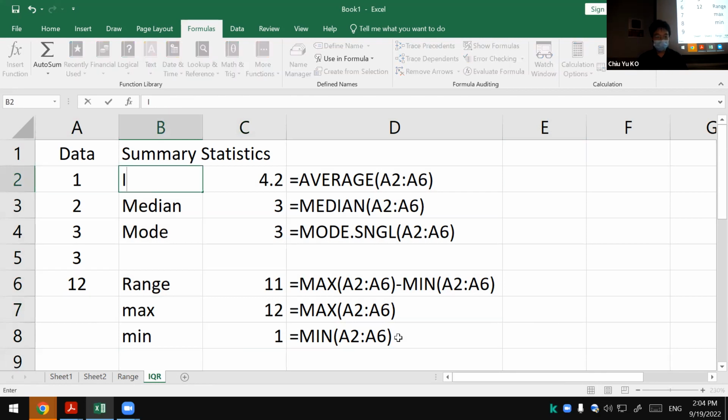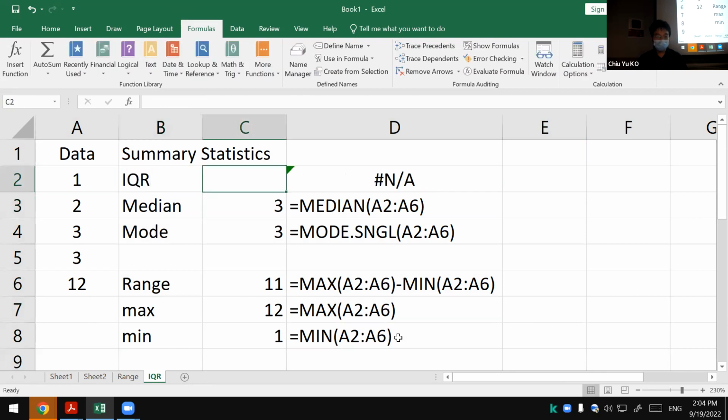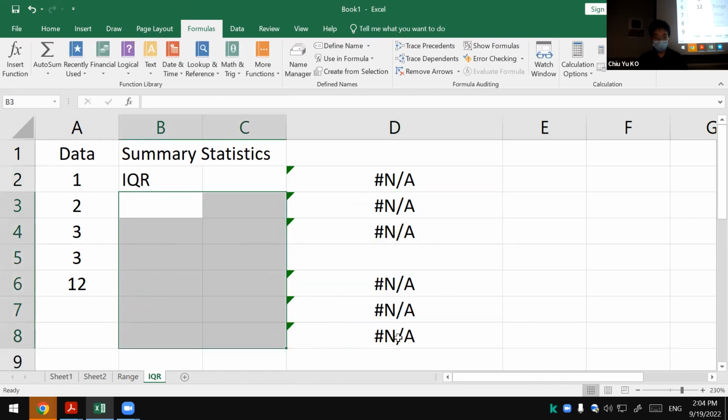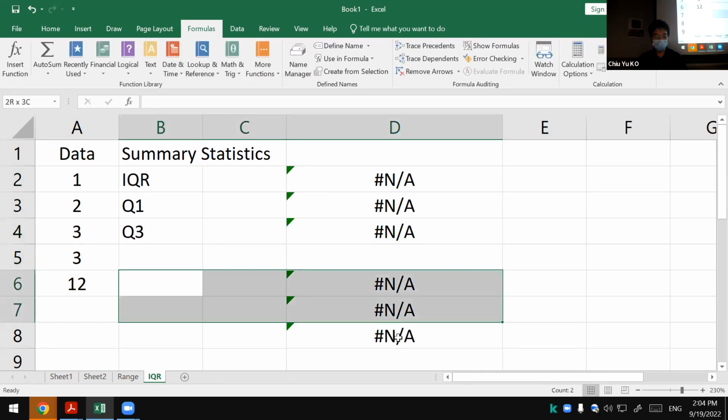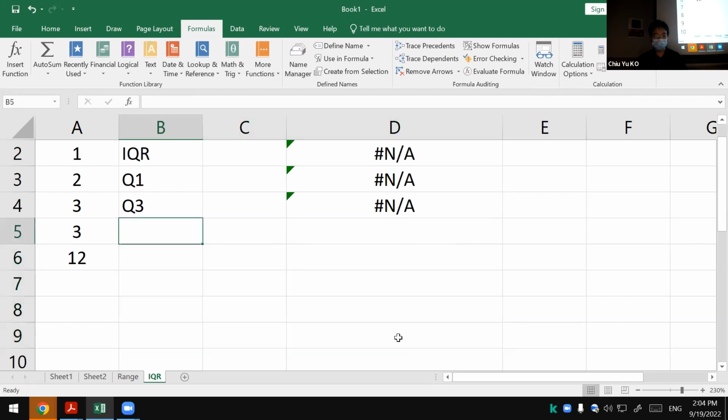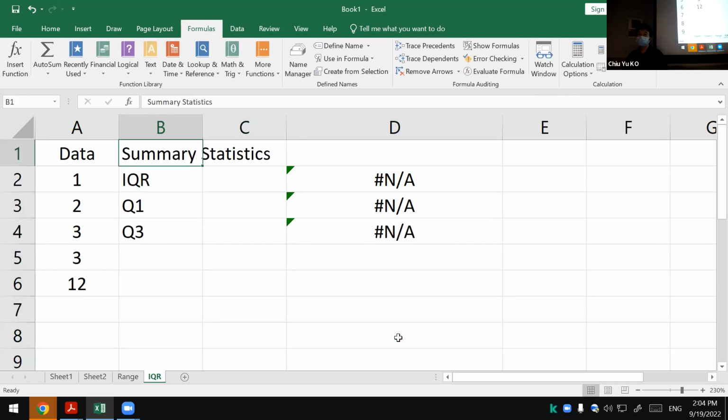I want to do IQR. How can I do IQR? For IQR, I need a Q1, right? Q3. So how to do Q1 and Q3?